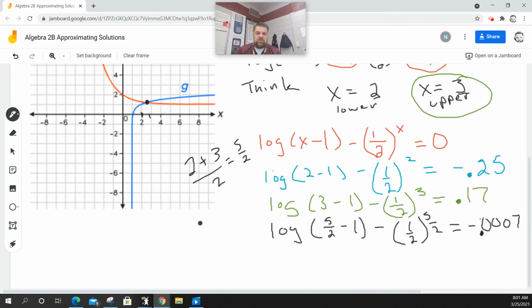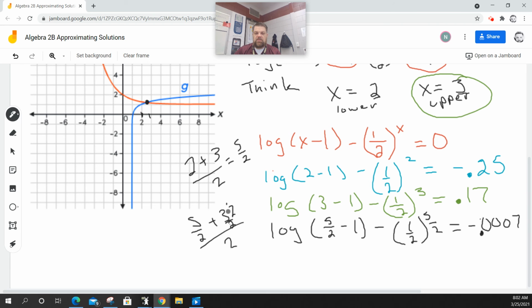So now the next iteration, I'm going to say 5 over 2 plus 3, and I've got to take the average of that. So really I'm saying 2.5 plus 3. Well, what's in the middle? Let's just do the math and add it up. So this becomes 6 over 2, right?